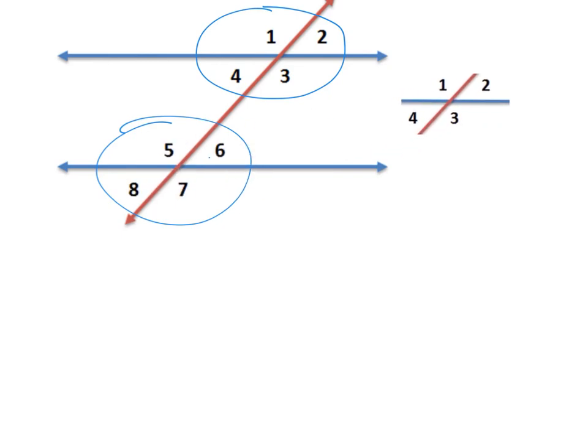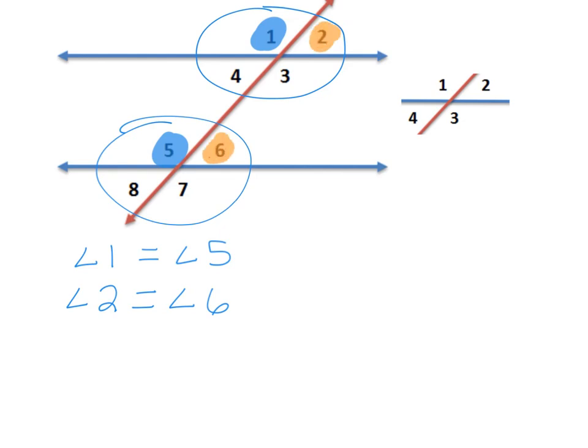So what that means is angle 1 is congruent to angle 5. Angle 2 is congruent to angle 6.